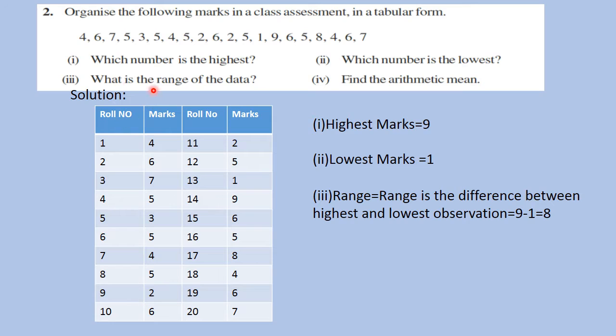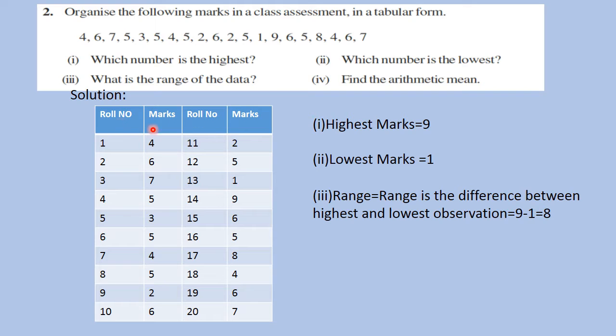So roll number. How many observations are there? 1, 2, 3, 4, 5, 6, 7, 8, 9, 10, 11, 12, 13, 14, 15, 16, 17, 18, 19, 20. So there are 20 observations. So what shall we do? We will make 20 rows, 1 to 20.